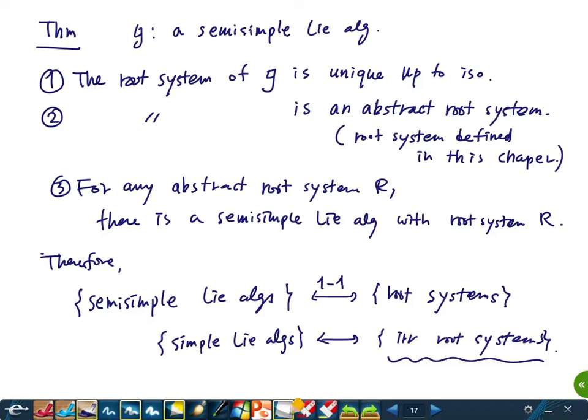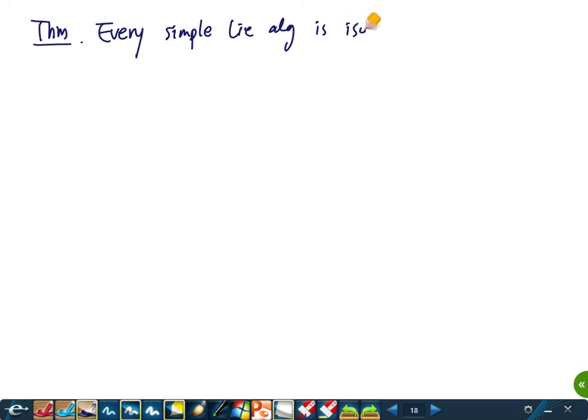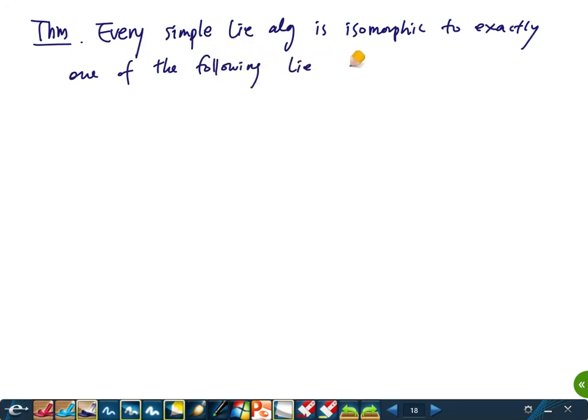So I'm going to finish by telling you this theorem. Finally, the theorem: every simple Lie algebra is isomorphic to exactly one of the following Lie algebras.